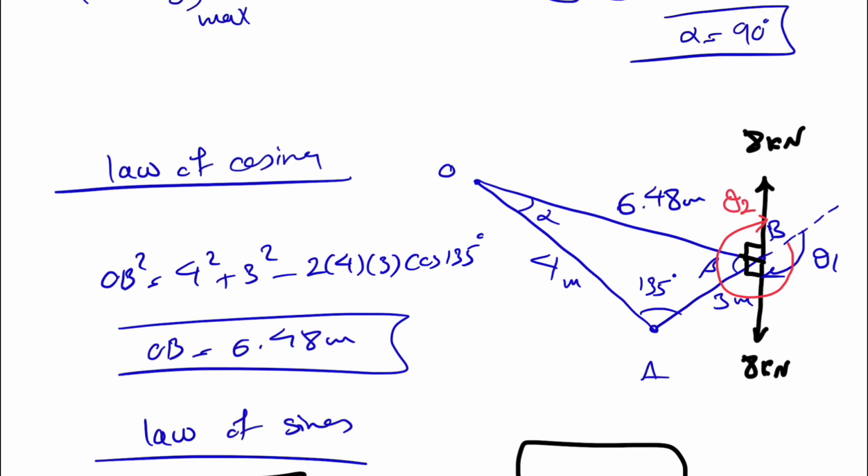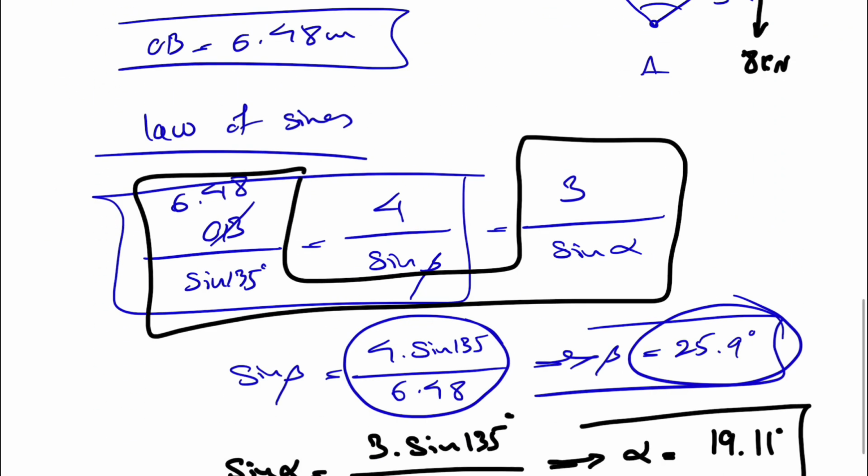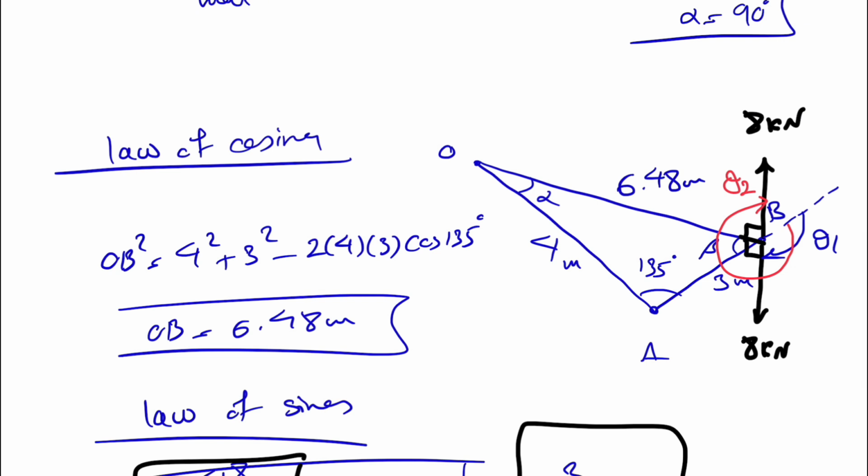So we found our beta. Since we found beta in here 25.9, it's easy to find this angle here, which will be 90 minus beta, or 90 minus 25.9, which will be 64.1 degrees. So if that's the case, this one is also 64.1 degrees.